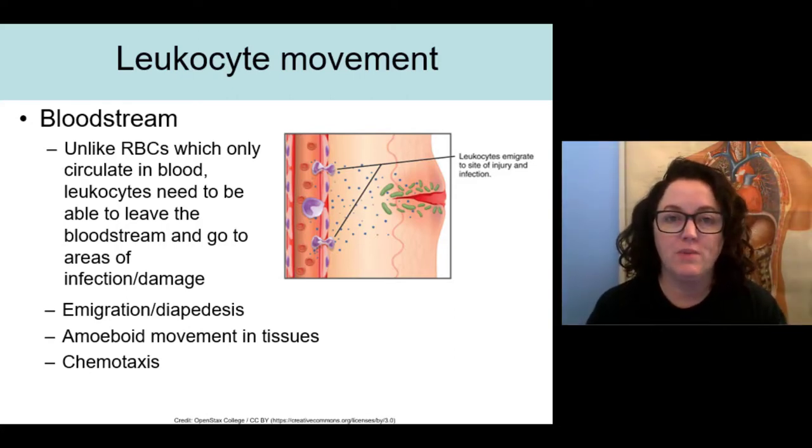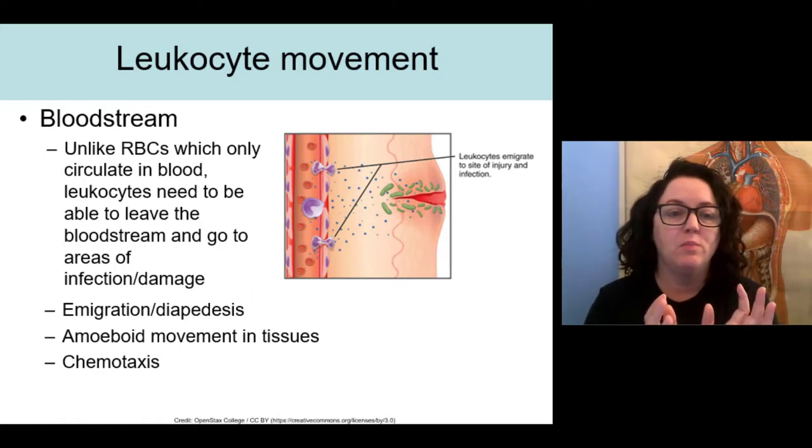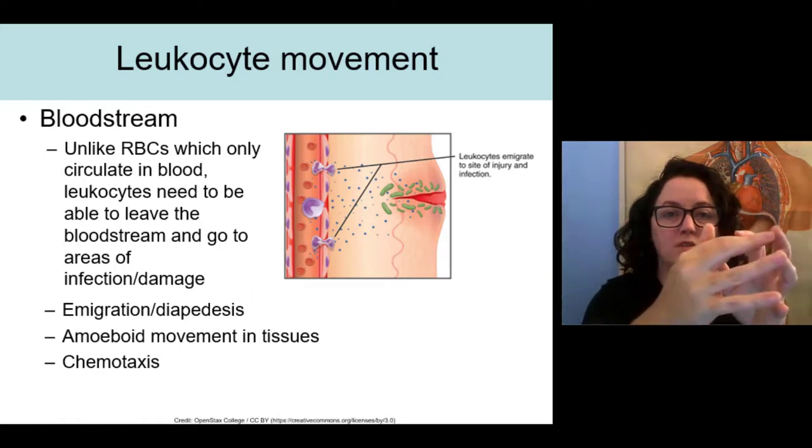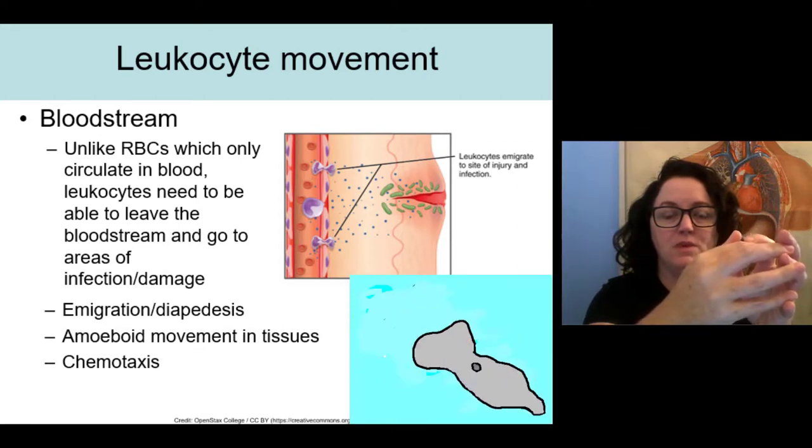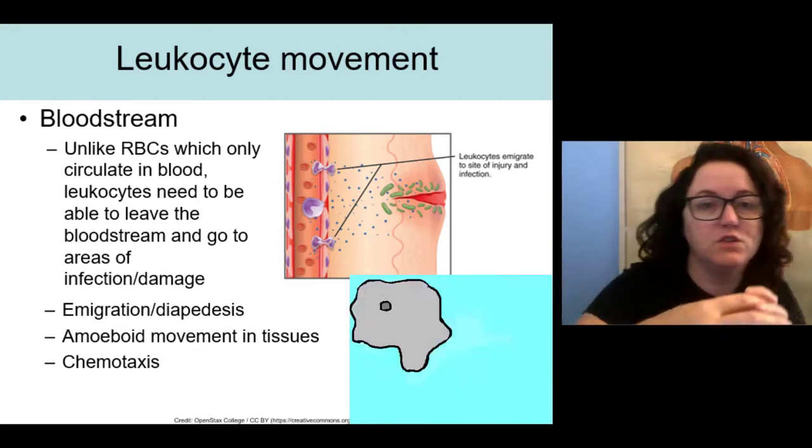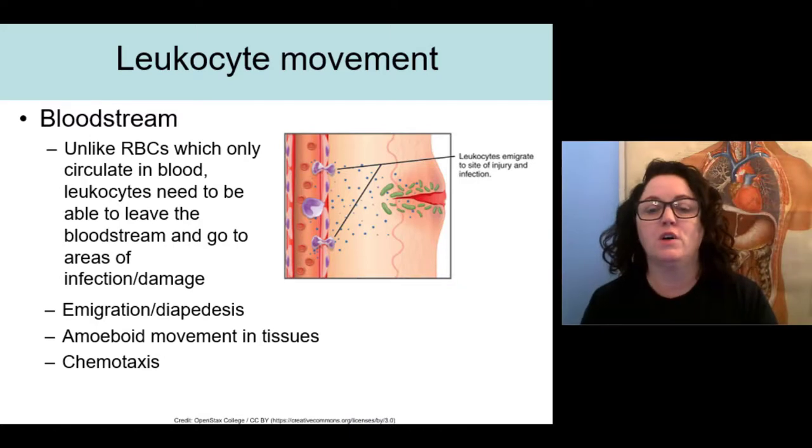Because of this, the white blood cell has to have a very flexible cytoskeleton. Once the white blood cell is in the tissue, it uses amoeboid type movement to move around. Amoeboid movement means that the cell puts forth a little bit of its cell membrane with cytoplasm and uses that as a foot to pull the rest of itself along.